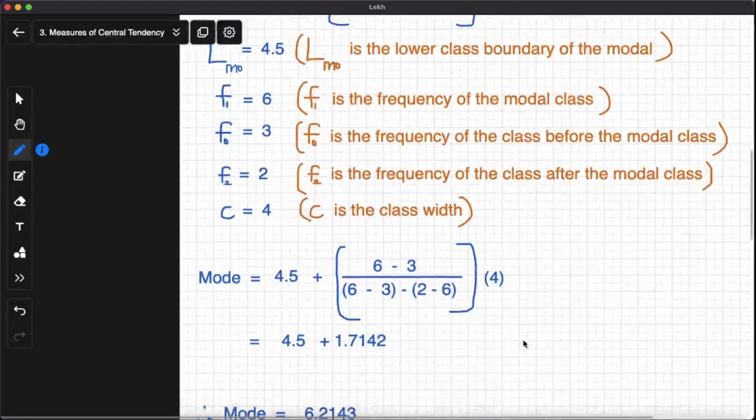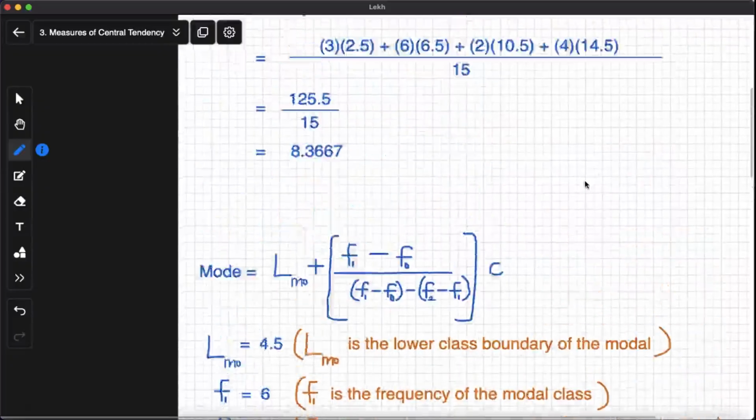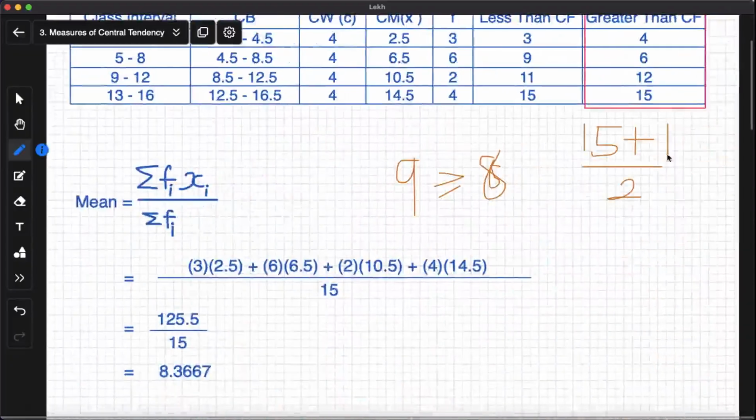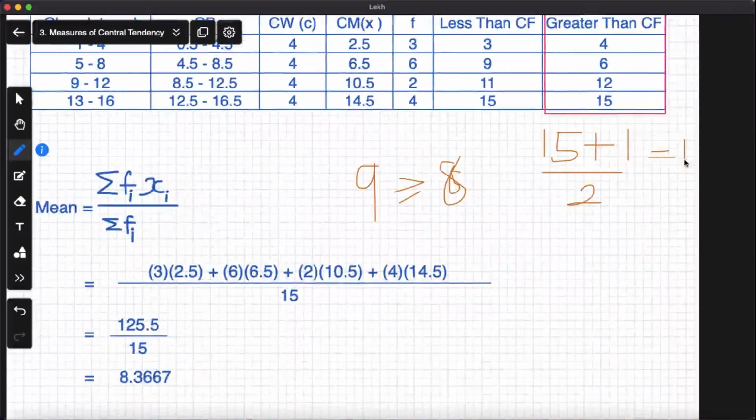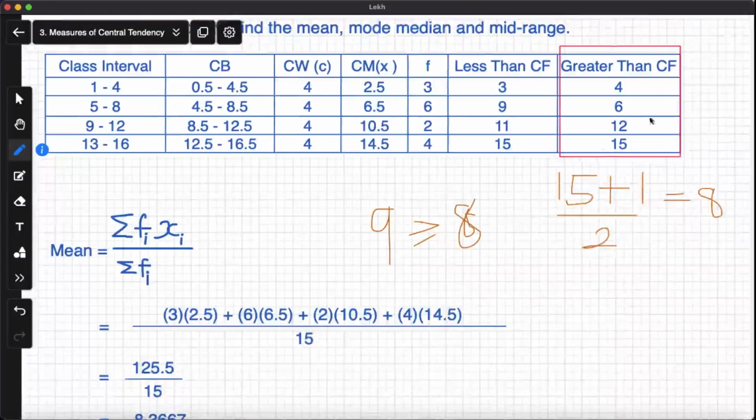So we haven't done that. That will give me 16 divided by 2, and that will give me 8. Now that I have 8, I've drawn this in to show that I'm not using that. So I need to start looking for where my 8th observation will fall.